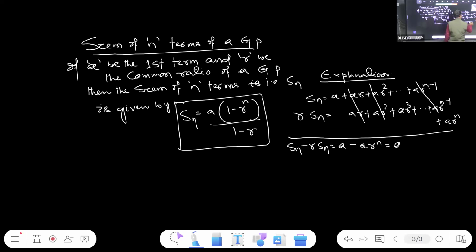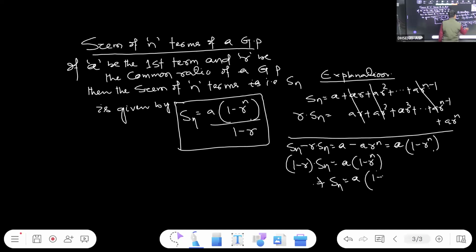We can take A as common: A times 1 minus R to the power n. So 1 minus R times Sn is equal to A times 1 minus R to the power n, which implies Sn is equal to A times 1 minus R to the power n upon 1 minus R.